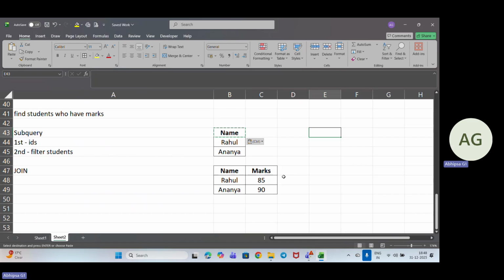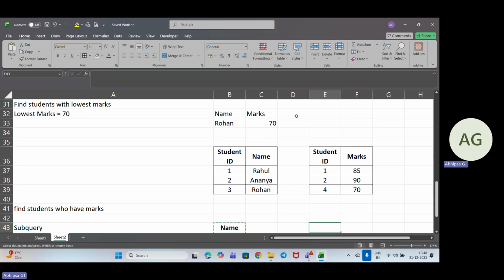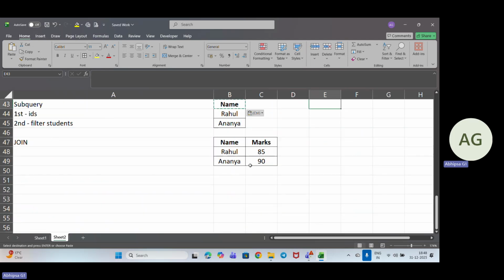The column shown in case of a subquery is usually from one table, the main query. The main query is about the student, and the student is in the left table, so it takes data from the left table only.